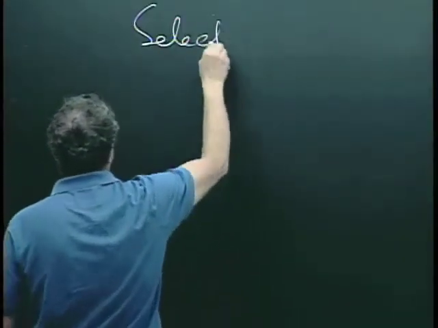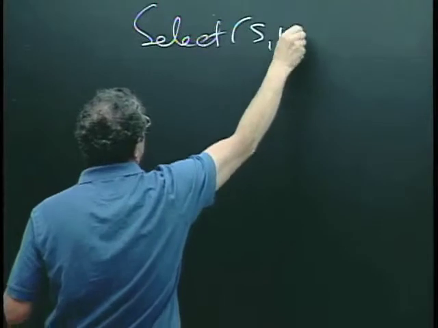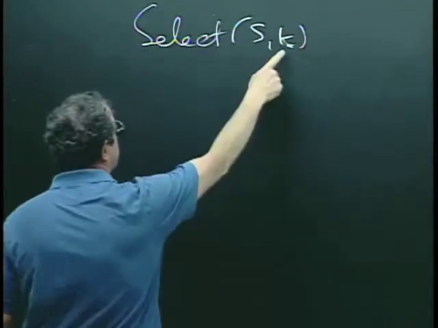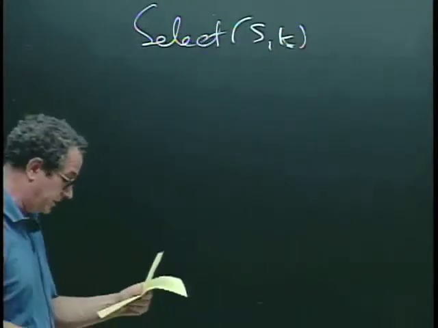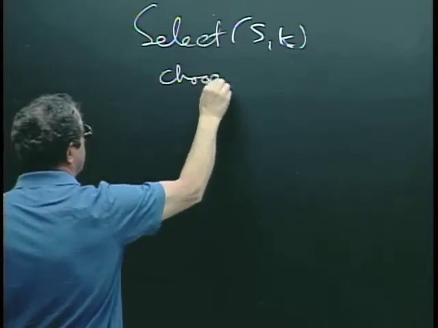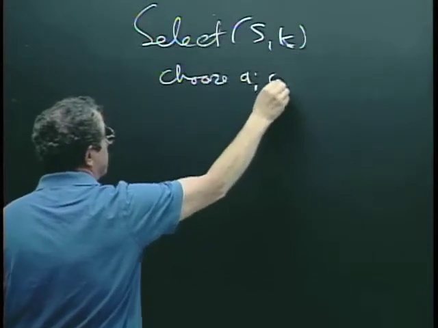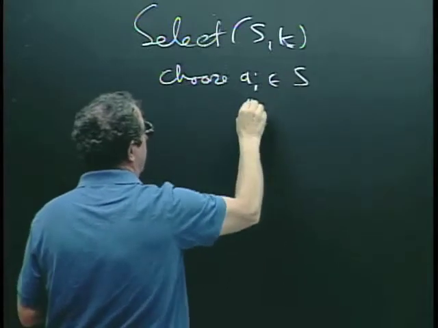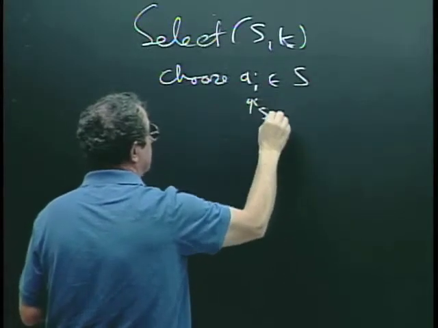Okay, so we had select(S, k), which means to find the kth smallest element in a set S. And the algorithm was to choose just some element a_i in S, which I called the splitter.